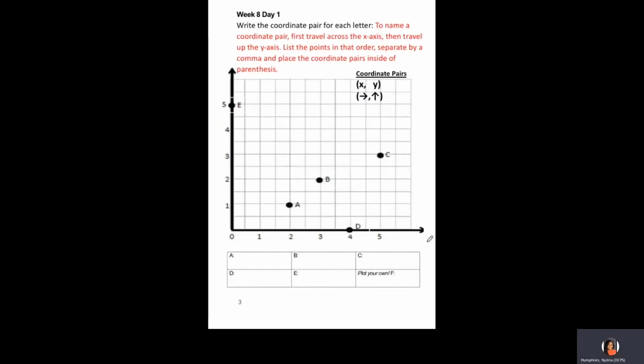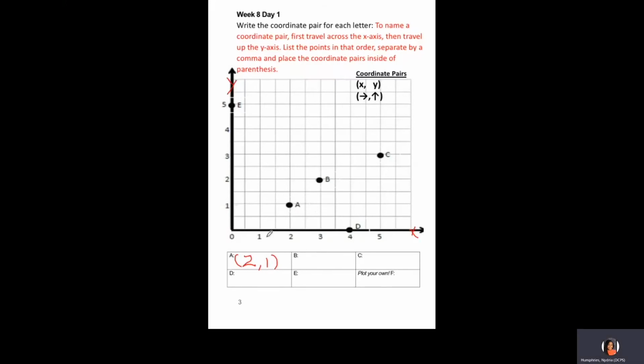So here is X. We mark this line as X. And this line is Y. So our point would be, if X is first, our point would be 2, comma, and our Y would be 1. And then remember, we've got to put our parentheses.